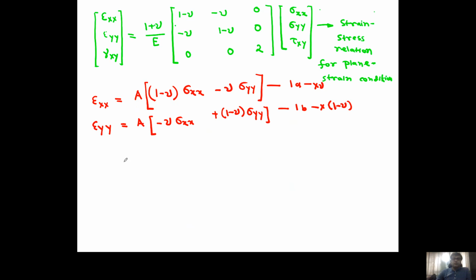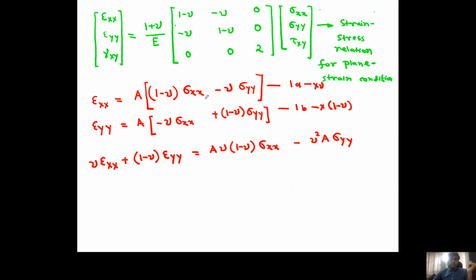So what happens when I multiply this by nu and this? On the left hand side, what do I have? Nu epsilon xx plus 1 minus nu epsilon yy. That is your left hand side. On the right hand side, we have a nu 1 minus nu sigma xx minus nu square a sigma yy.